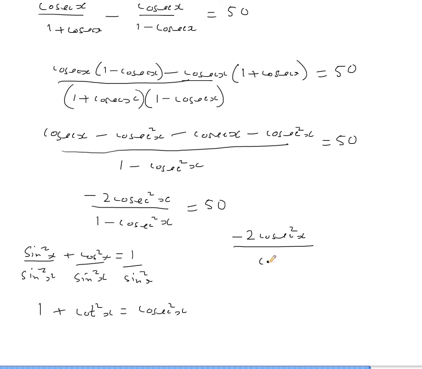That'd be minus cot squared. So the minuses cancel out, and of course the 2 cancels out, so we get left with cosec squared x over cot squared x equals 25.